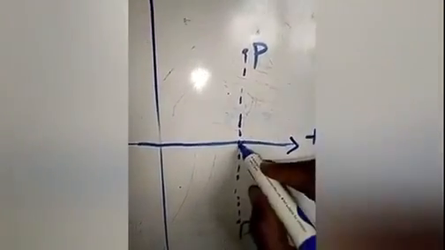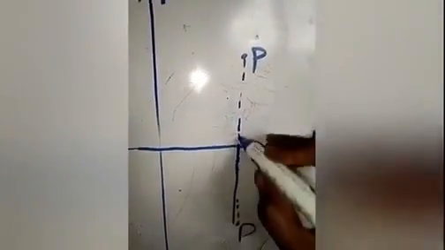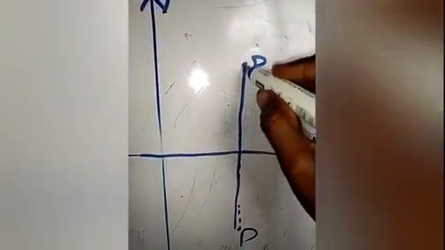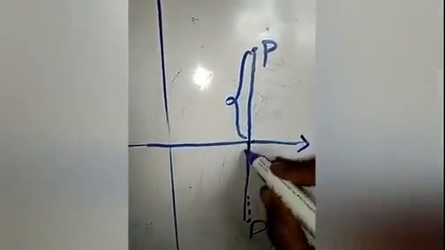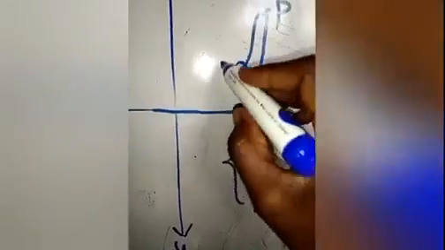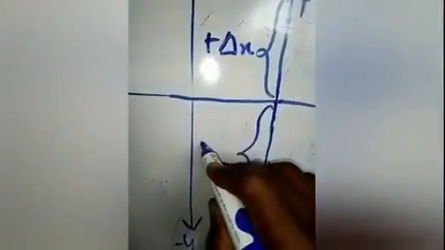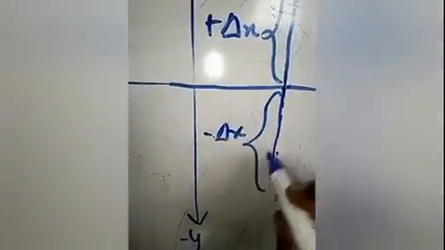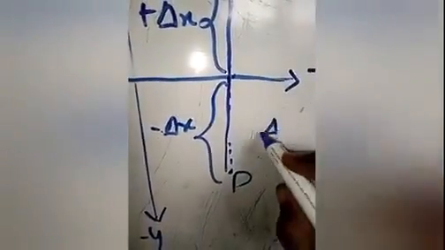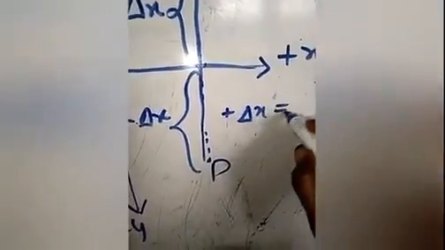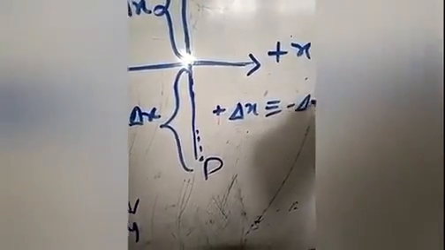And note, the distance from here to here is meant to be equal to the distance from here to here. Change in x positive and change in x negative are meant to be equal, meaning change in y positive is equivalent to change in y negative.